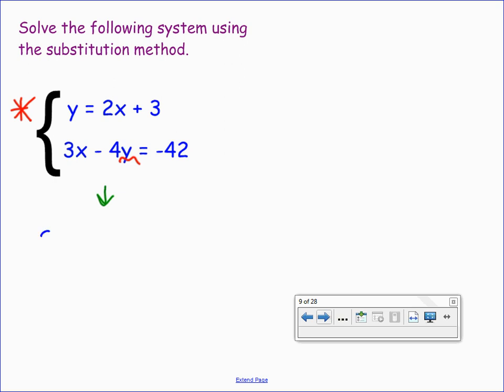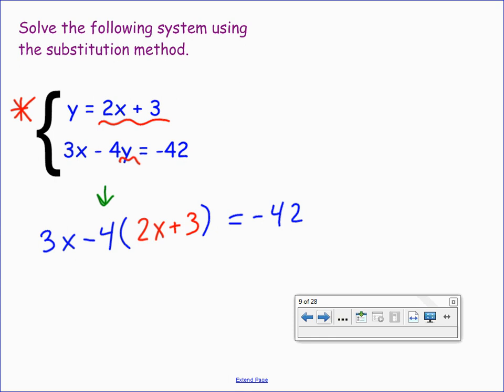Let's go ahead and do that now. So 3x minus 4 times y equals negative 42. It's just that y was equivalent to, watch where that lands, 2x plus 3, so that's what I'm going to put in y's place. Everybody see that? So we've just substituted in 2x plus 3 in for y.